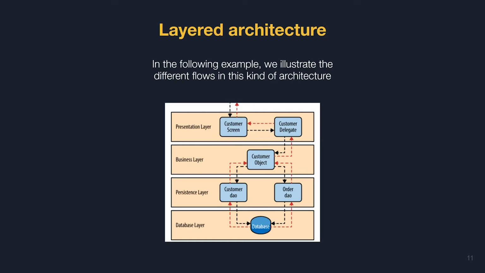The business layer creates whatever objects and actors are needed to perform these tasks, and delegates to the DAO, the data access objects, in the persistence layer. Then the persistence layer generates the raw SQL queries to execute the customer's command. So basically, that's the layered architecture.